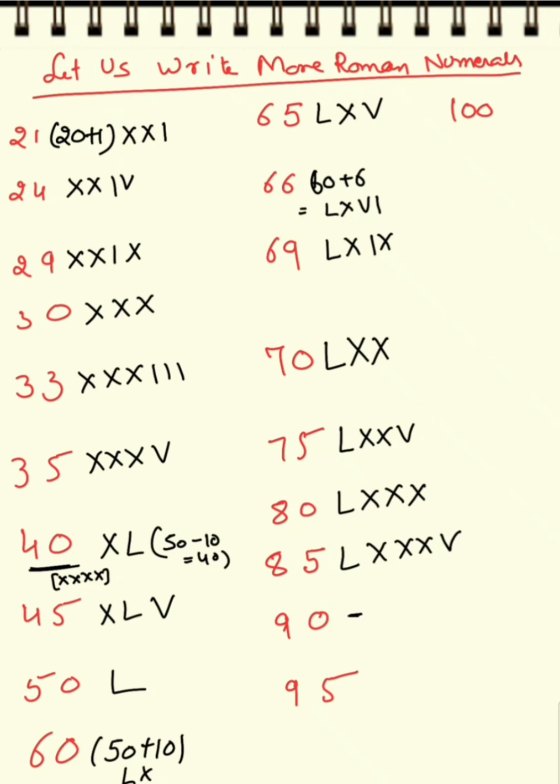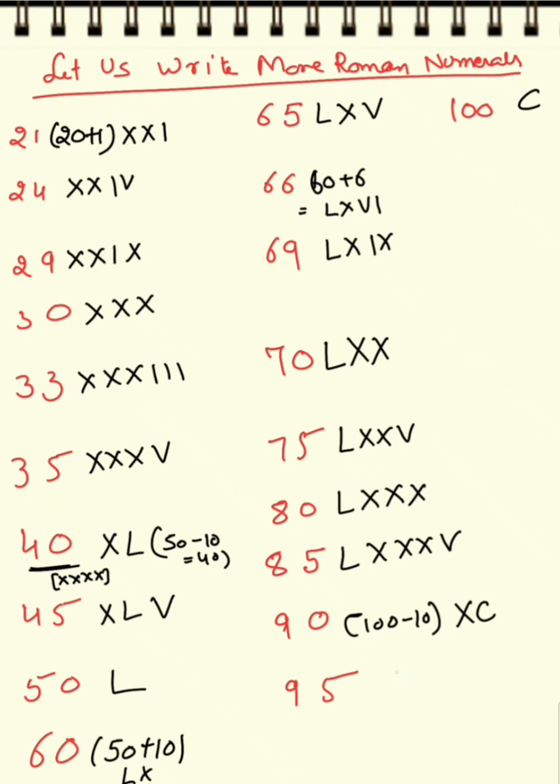Before we write 90, I'll write symbol for 100. It is C. So for 90 it will become XC. We have to subtract 10 from this 100, then we'll get 90, means 100 minus 10. So symbol for 90 will become XC. Okay.